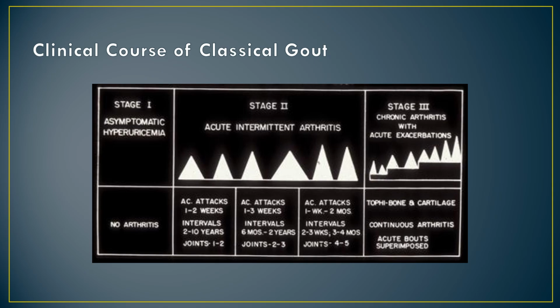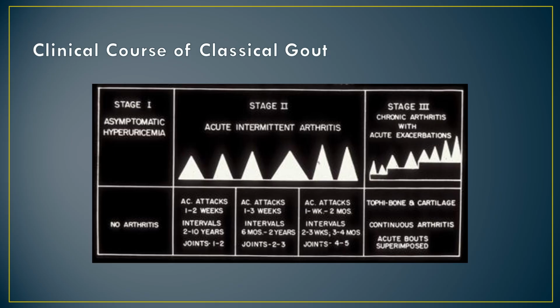But as the duration of the gout being present goes on, the frequency of attacks tends to happen more quickly, and there's less time between. When the patient gets to stage 3, now that gout becomes chronic, meaning that they don't have times without a flare.